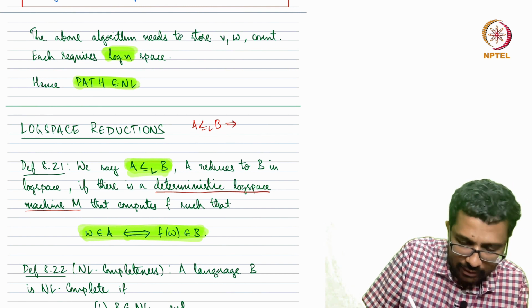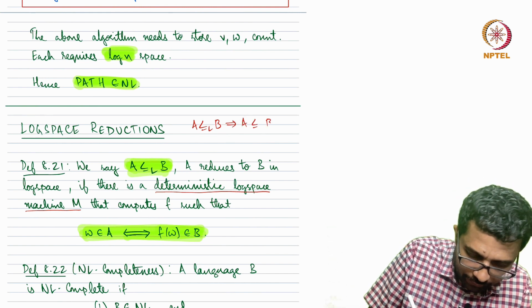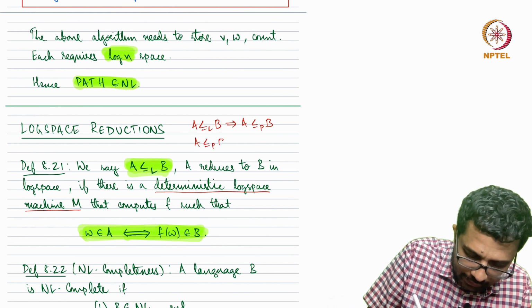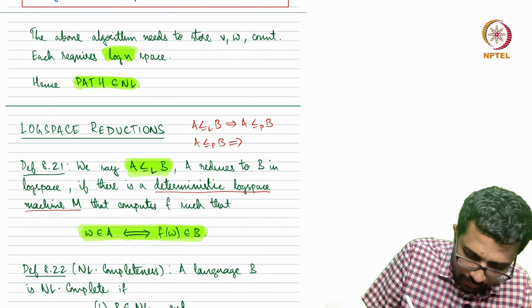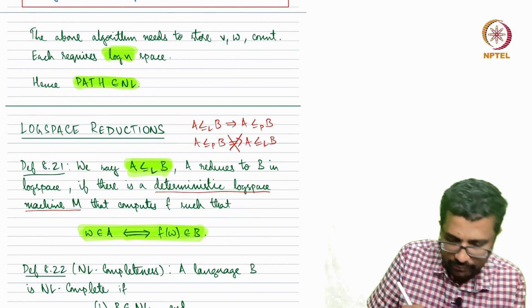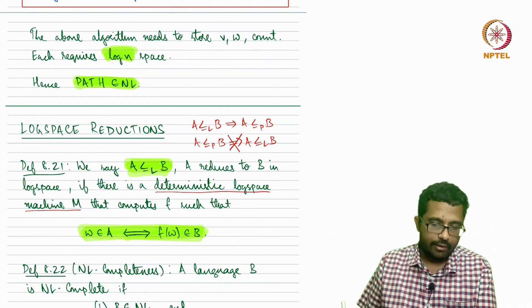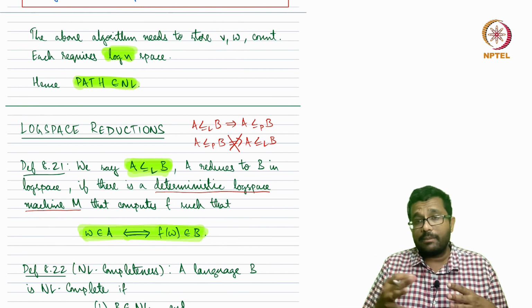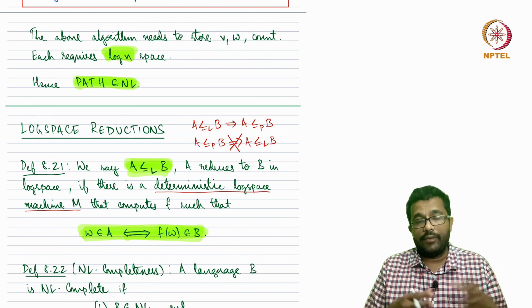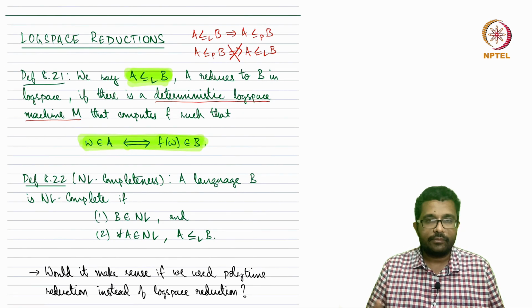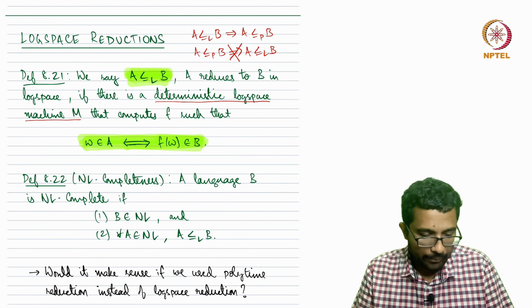A reduces to B in log space implies A reduces to B in polynomial time, but A reduces to B in polynomial time does not imply that there is a reduction in log space. So this is wrong. One has to be careful about this, because log space is a more restricted class. Everything in polynomial time need not mean that it is in log space.